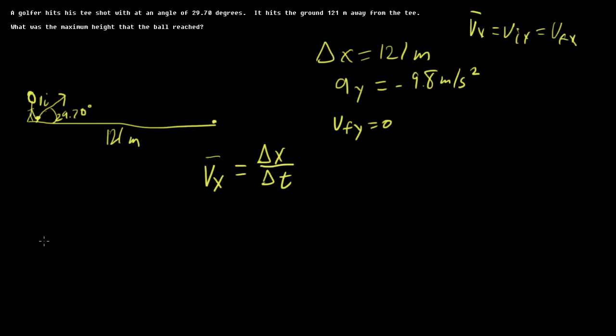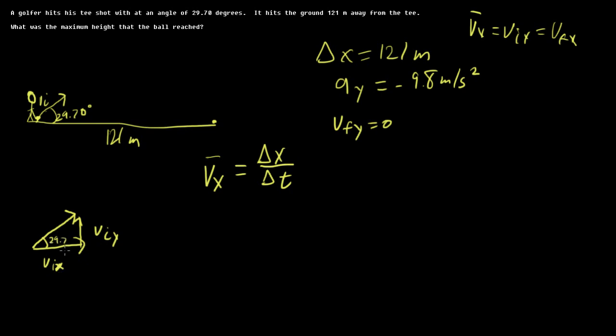What if we were able to say, all right, well if we knew v_x, let's pretend we know v_x. If we know v_x, can we write an expression for v_i? v_ix, v_iy? Sure we can, because we know this angle.